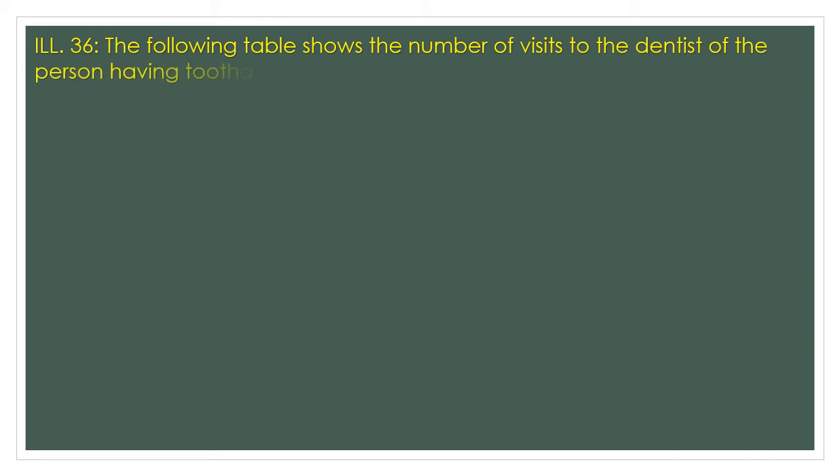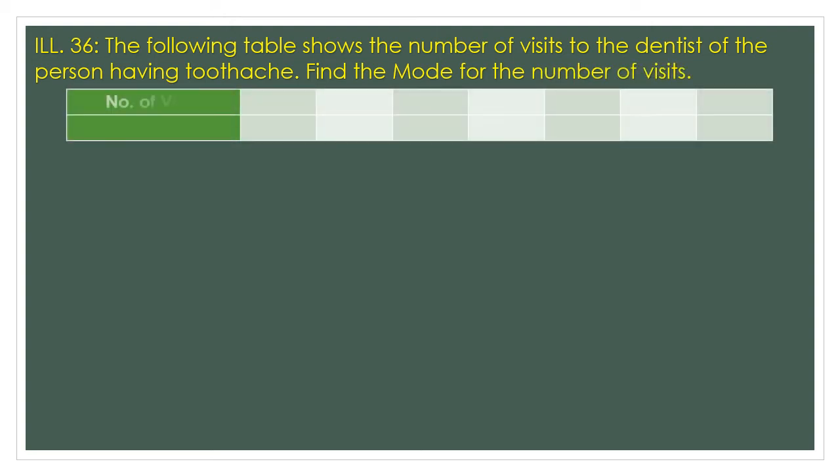Moving on to illustration 36, the following table shows the number of visits to the dentist of the person having toothache. Find the mode for the number of visits. Depending on the data, we will decide our formula. Now number of visits and number of patients, that would be frequency.